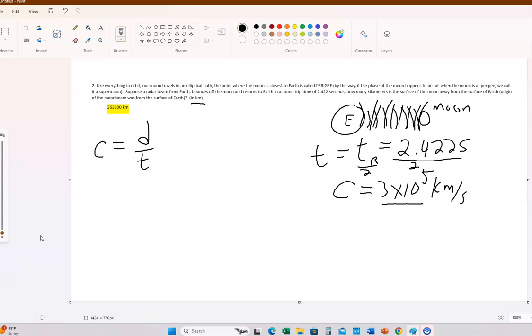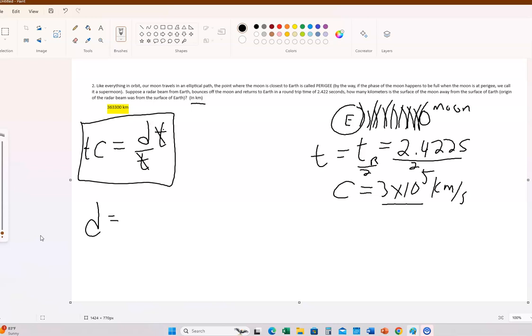If we take this equation and rearrange it to solve for d, which is what we want, you just multiply both sides by t. What you do to one side, you have to do to the other. The t's cancel, and so d is equal to the time the radar beam takes to get to the moon, which is half the round trip time.